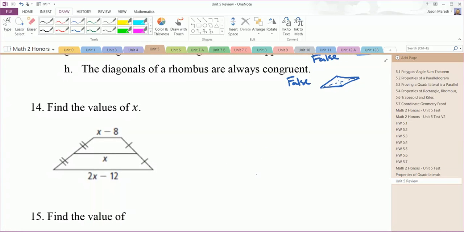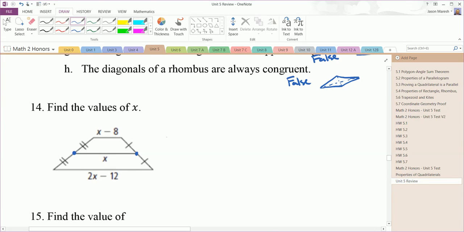14. We're looking to find the value of x. So here we are looking at a trapezoid. We have a mid-segment because we have a segment connected to two midpoints of the sides of the trapezoid.